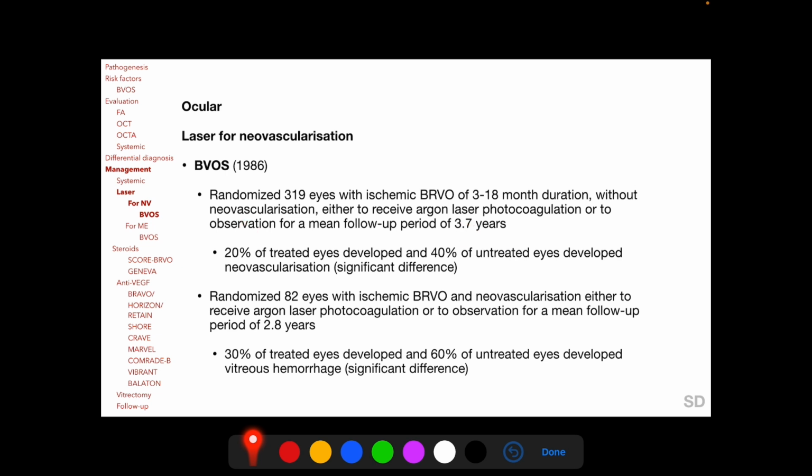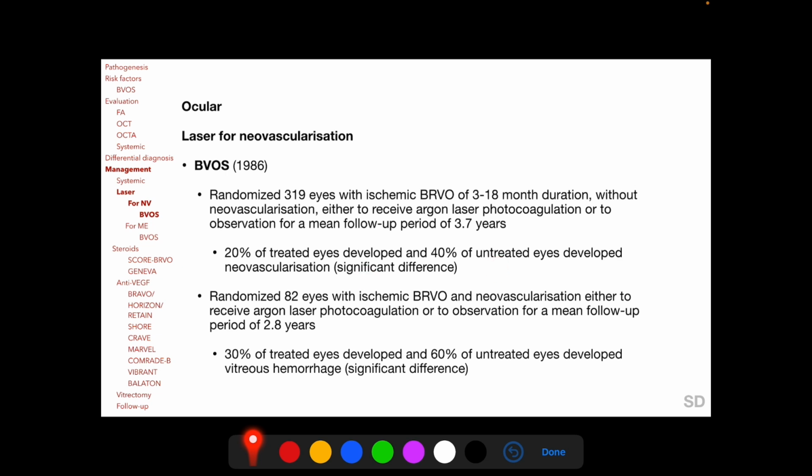In this cohort, 20% of treated eyes developed neovascularization, whereas 40% of observed eyes developed neovascularization, and the difference between these two were significant.